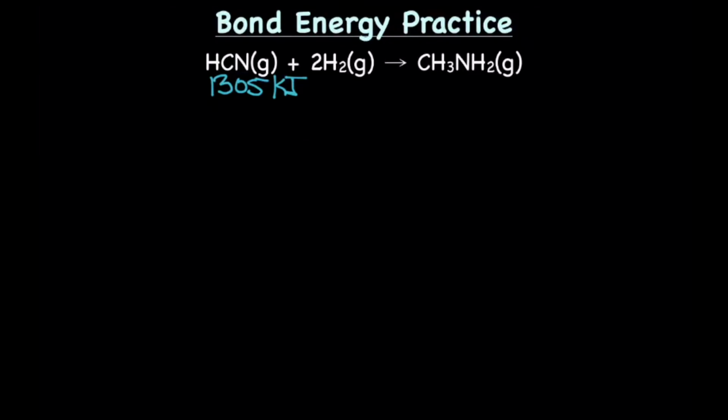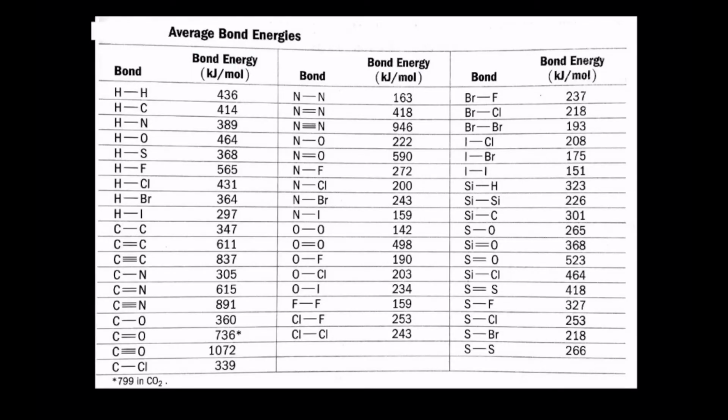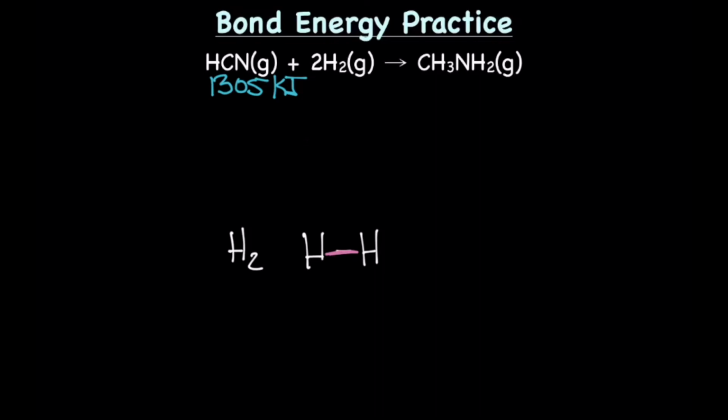All right, how about breaking the bond for H2? H2 is just going to be H, so we just have a single HH bond, which is here, 436 kilojoules. However, there are two of them.